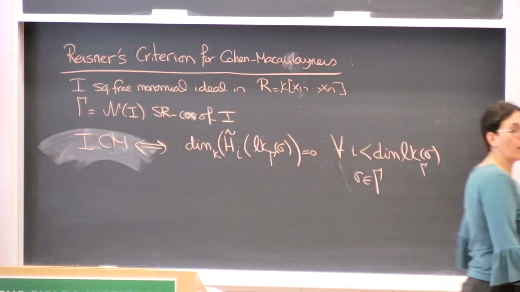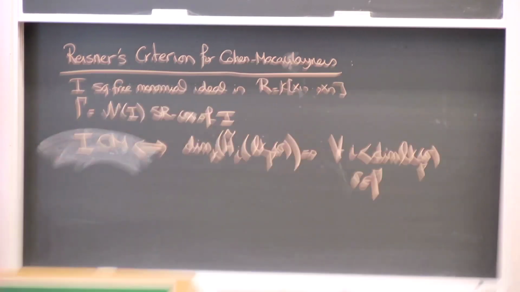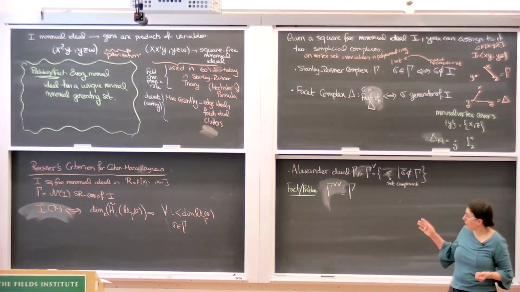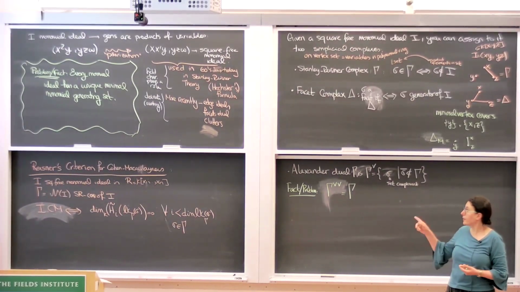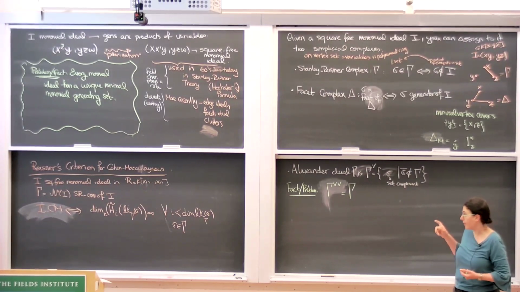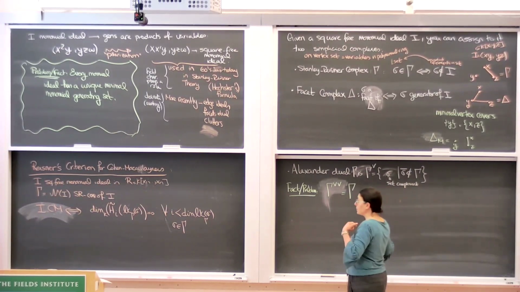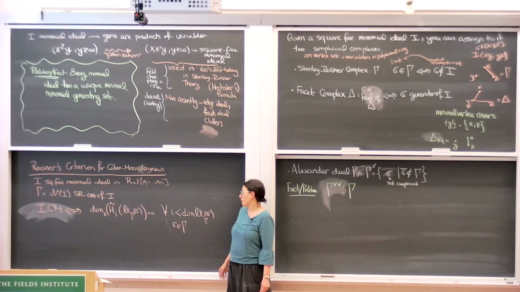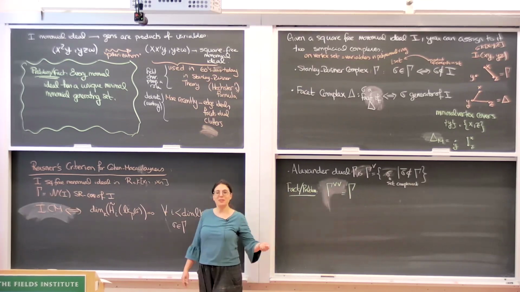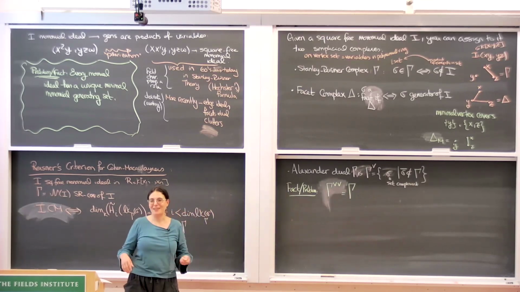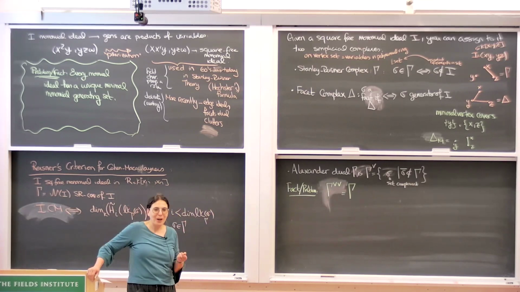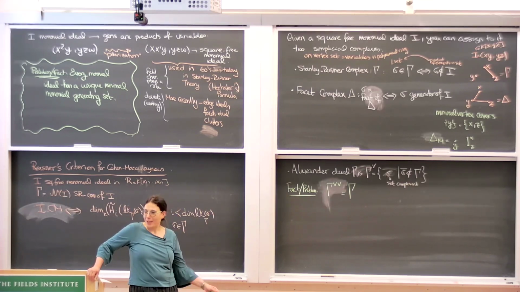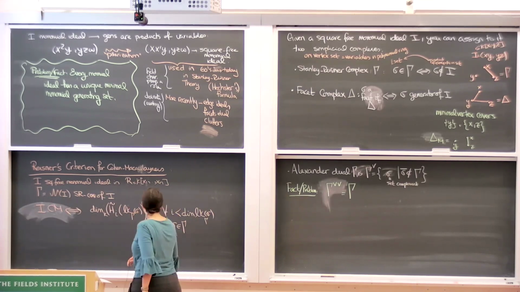So Reisner was Hochster's student, and this was his thesis, the criterion. And the criterion for Cohen-Macaulayness that he gave for his thesis basically enabled huge advancements in combinatorics. And the advancements had something to do with counting numbers of faces of this and that combinatorial objects. So you would never think that homology theory and Cohen-Macaulayness would come handy, but it did.